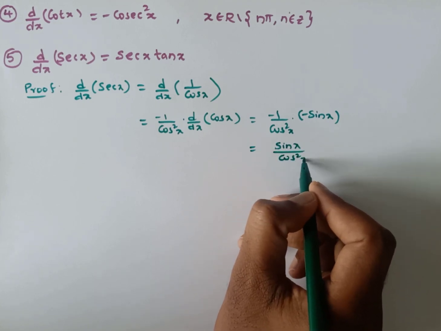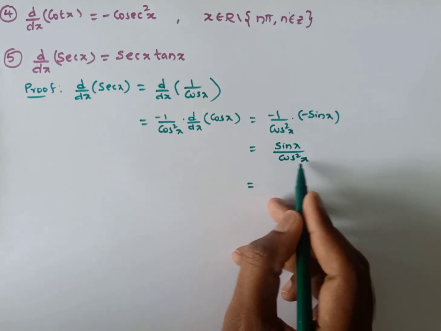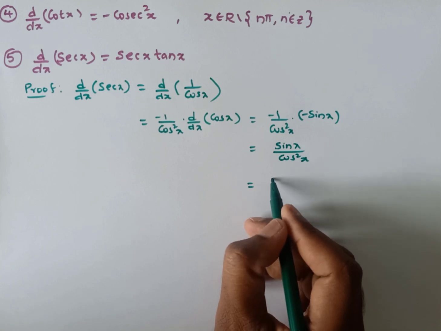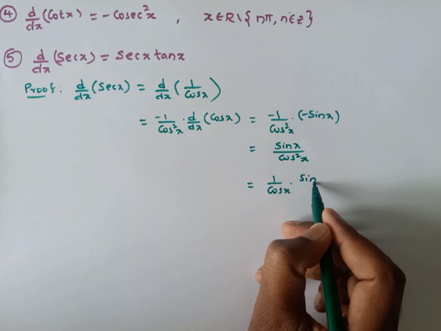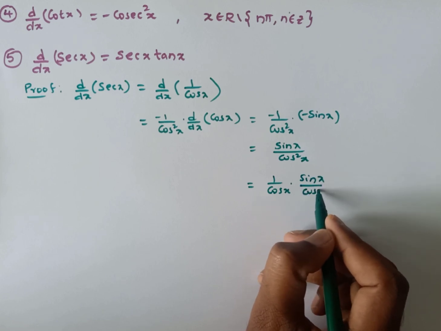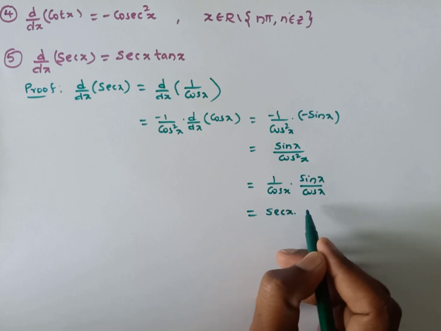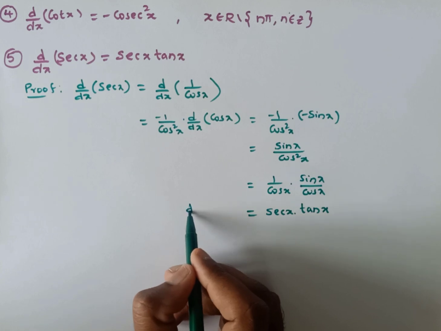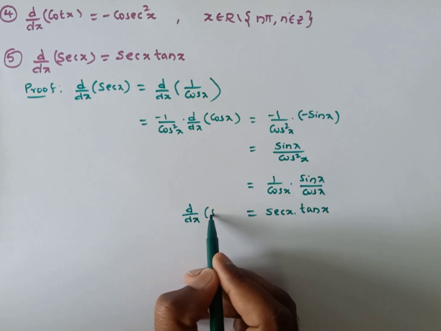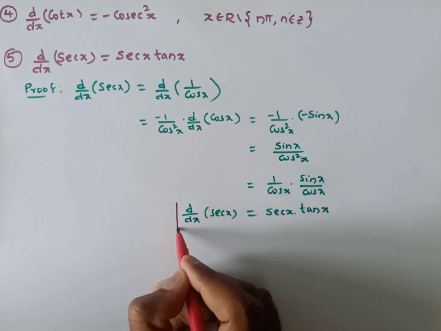Now this cos square x can be written as cos x into cos x. So it is 1 by cos x into sin x by cos x. So finally this is 1 by cos x, which is secant x, into sin by cos, which is tan x. So the derivative of secant x is secant x into tan x.